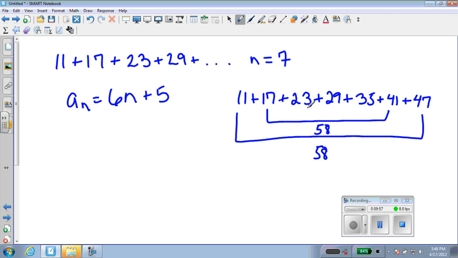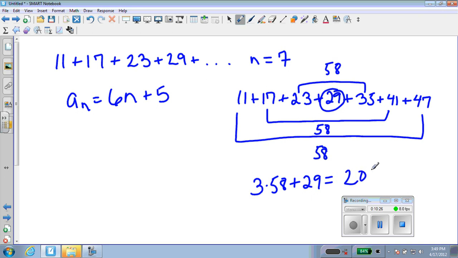And this makes 58. And the guy without a partner is half of 58. So we have 3 full pairs and half a pair. So the sum here, 3 times 58 plus my 29 is 203.